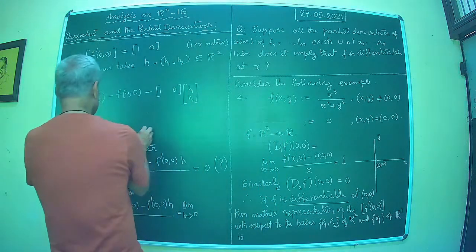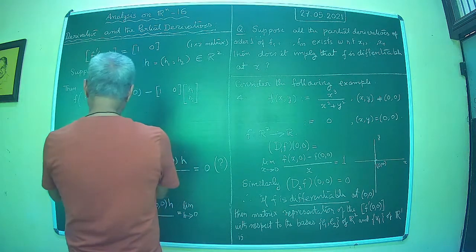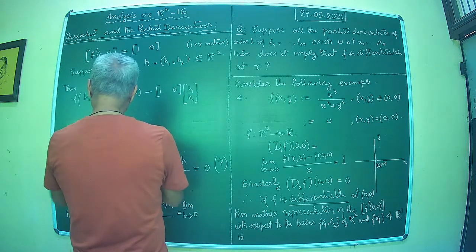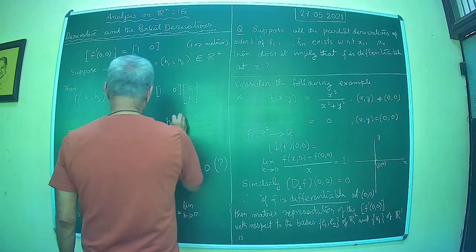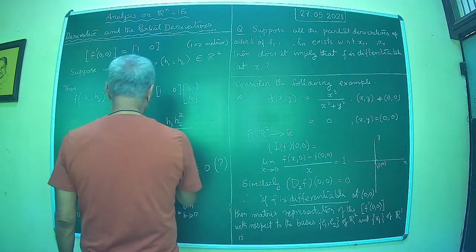Now this I can simplify and write it as H1 cube minus H1 cube over H1 square, H2 square. So this is H1.